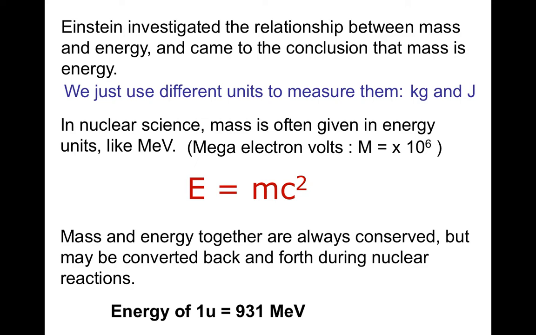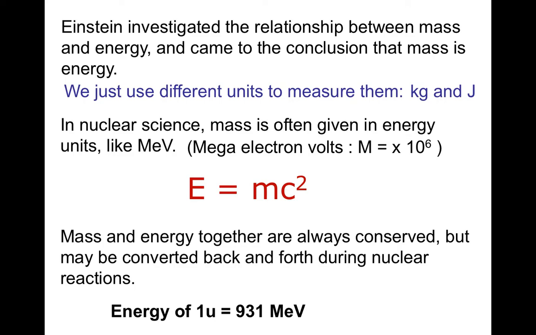Remember, electron volts are units of energy that we started looking at when we looked at circuits. Now we're looking at mega electron volts. Mega is the prefix for 10 to the 6, so mega electron volts are huge amounts of energy.